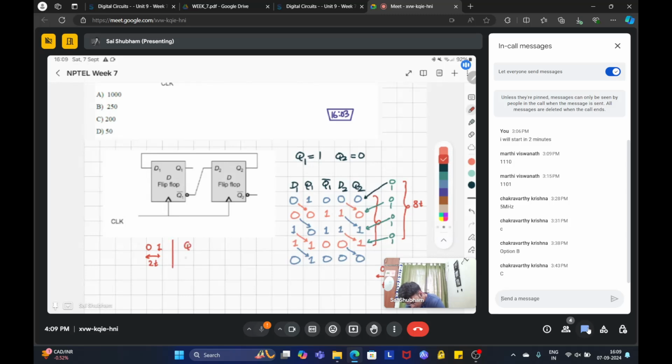Okay. So for Q it is 8t. So the frequency, you can see that this is 4 times. So frequency is 4 megahertz by 4 equal to 1 megahertz equal to 1000 kilohertz.